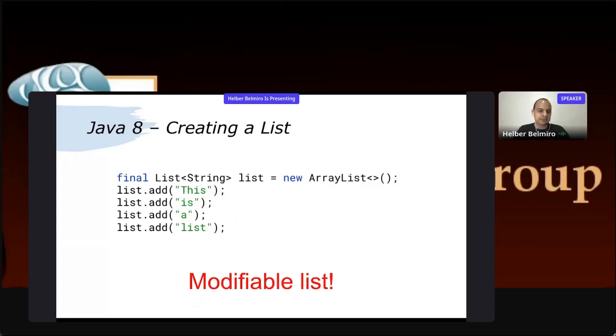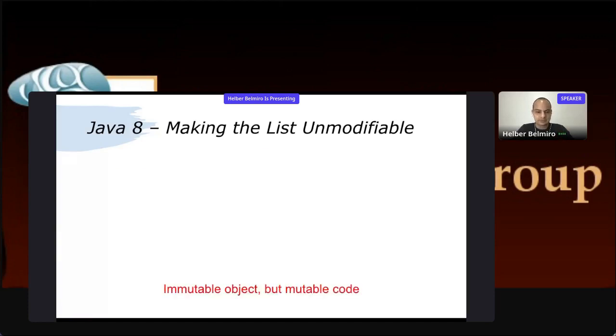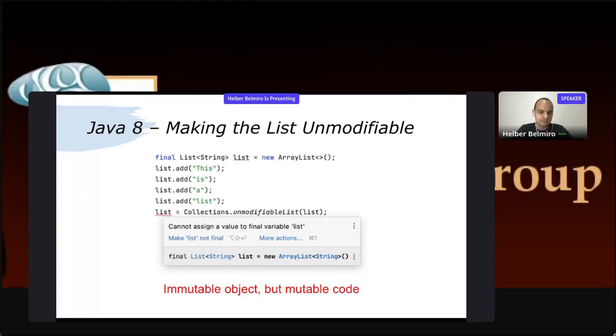But it's a modifiable list. If we pass this list to a method, this list can be modified, and we normally don't want to have that. So to make the list unmodifiable, we can call the method Collections.unmodifiableList, and then we have an unmodifiable list. But there's still a problem with that.